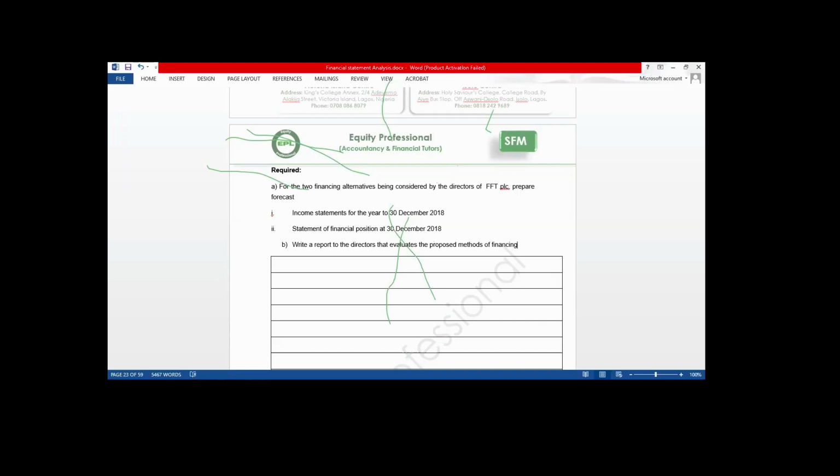You are going to prepare a statement of financial position as at 2018, if the expansion is financed by rights issue, then also if it is financed by new debt. That means you need to prepare 4 statements. And you are likely to prepare cash flow statements.